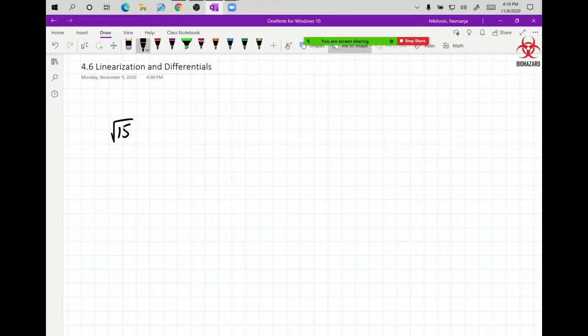Now we can't compute the square root of 15 in any quote unquote normal way, but we do know that the square root of 16 is 4, and we also know that the square root of 9 is 3, and that the square root of 15 fits in between, so it has to be 3.9 something, 3.8 something, whatever it is.